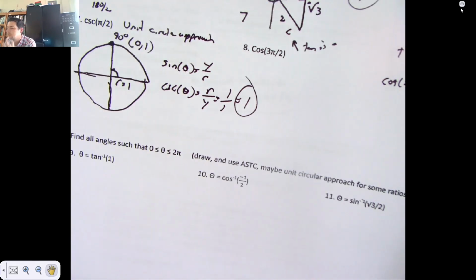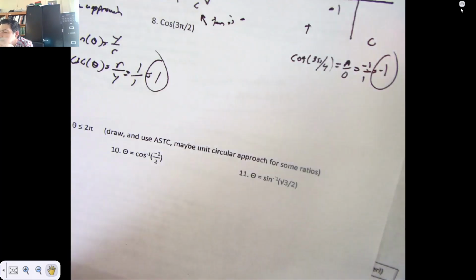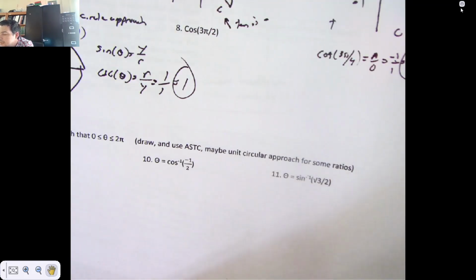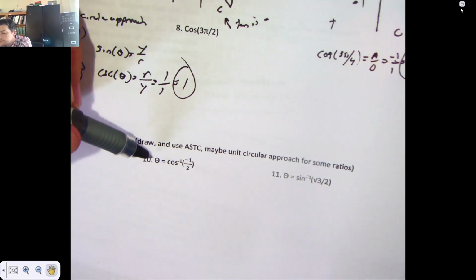Let's see here. I don't want to do too many of these. The hardest one in here is probably number 10, because the ratio is negative. So theta is the arc cosine of -1/2. I don't know why that looks the way it does. It's supposed to be theta.